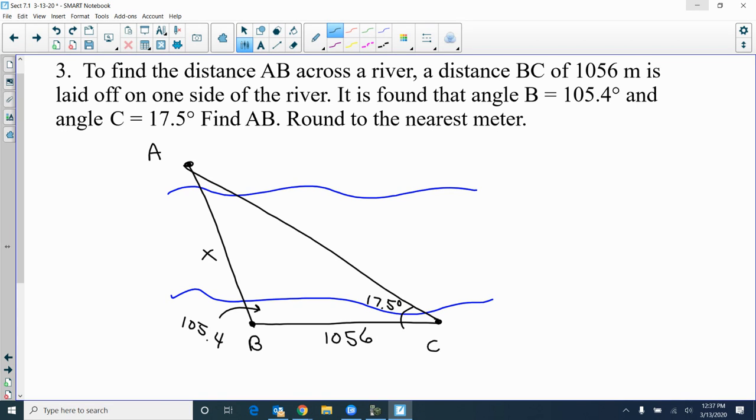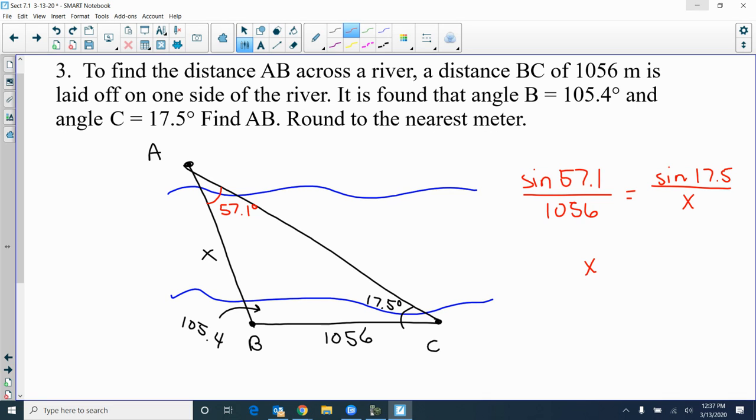I do need to know angle A. 180 minus, what is that? 122.9. So what is it? 57.1? Yes, 57.1. Sine of 57.1 over 1,056 equals sine of 17.5 over x.